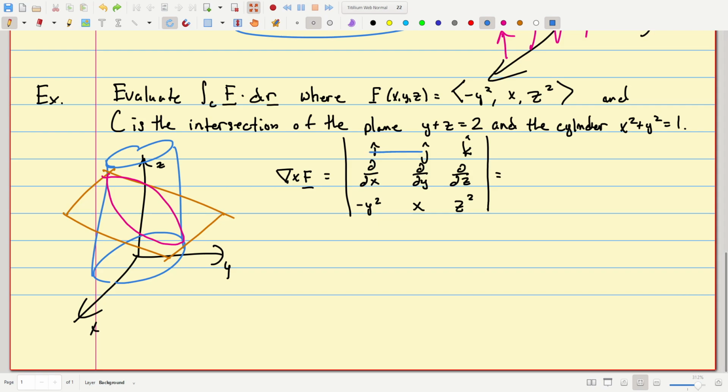Then we do the middle one: 0, 0. And then we look at the last one. We finally get something that we can do something with. We get 1 minus 2y. Or sorry, 1 plus 2y, excuse me. Forgot the minus sign on the AD minus BC.